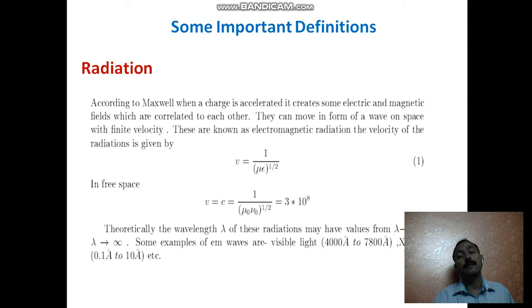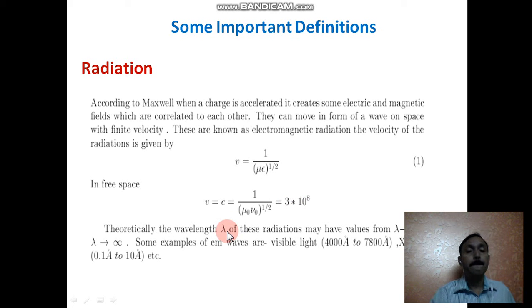These are known as electromagnetic radiation, and the velocity of the radiation is given by V is equal to 1 by root over mu epsilon. In free space, V is equal to the velocity of light, c, is equal to 1 by mu naught epsilon naught to the power half, is equal to 3 into 10 to the power 8.